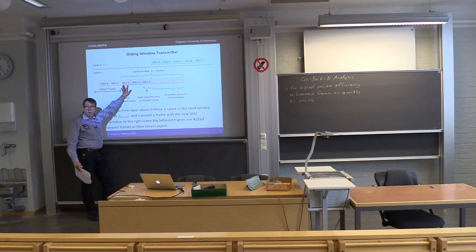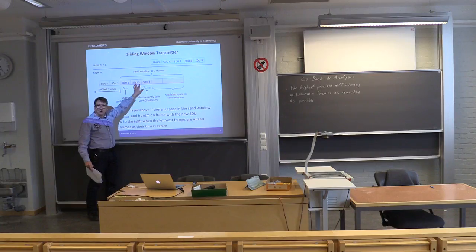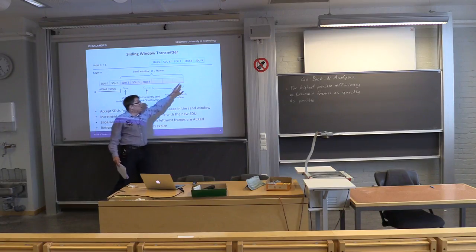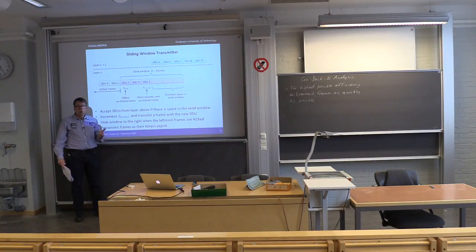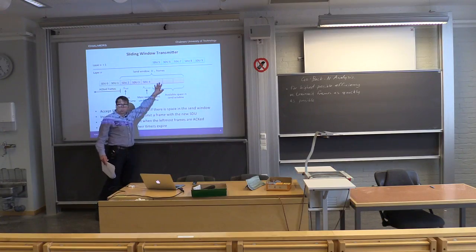We have to transmit one frame and wait for acknowledgement before we transmit the next frame, and so forth. If we have a very, very large window here, then we are transmitting frames as quickly as we get the frame from above, we send it, right? Because there is always space in the send window. So we will now assume that the window here is very large.